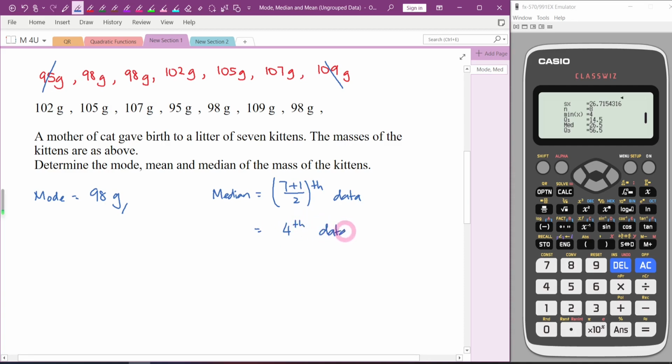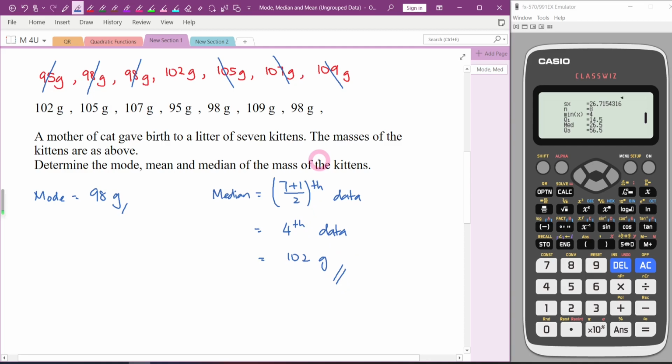So this tells us that the median is actually the 4th data. 1, 2, 3, 4. 102. Right. If you want to do this one, you also can get the same answer. Keep on repeating the same process until we see the median value, 102, which is exactly the same answer. Okay, so this is the way how we determine the median.